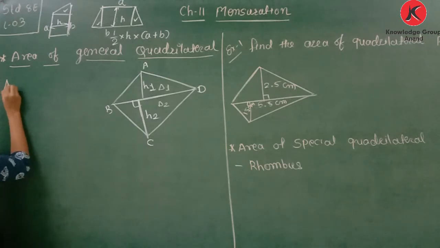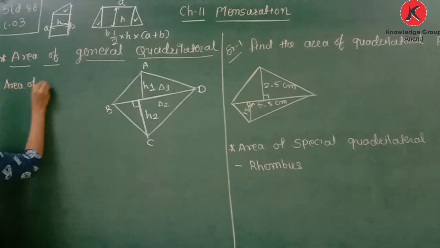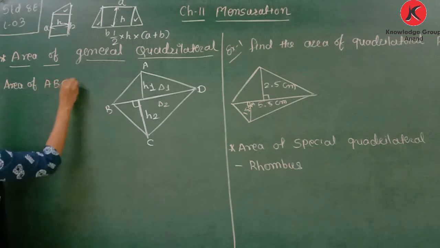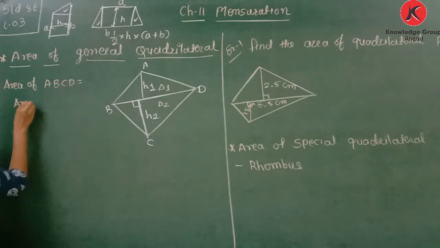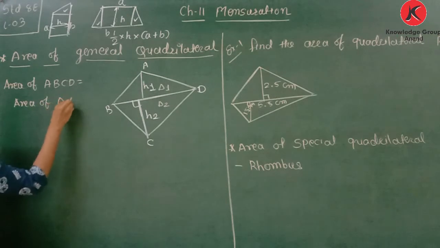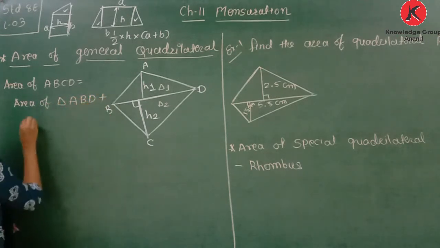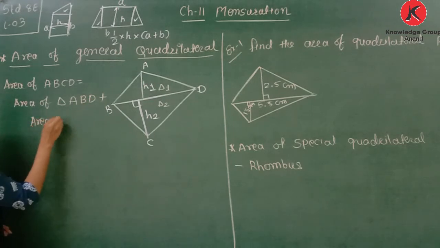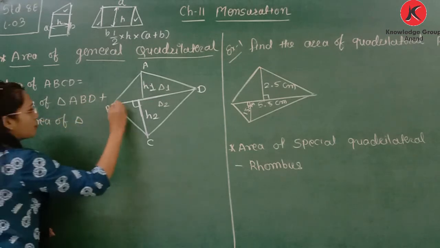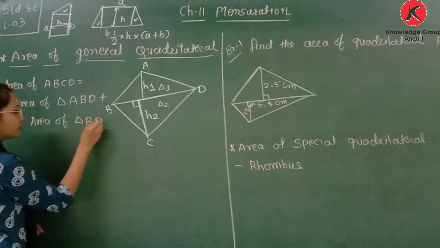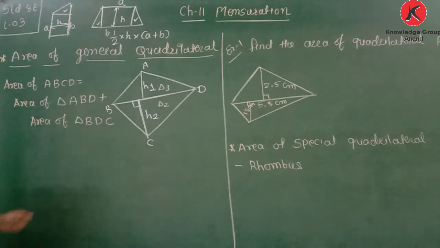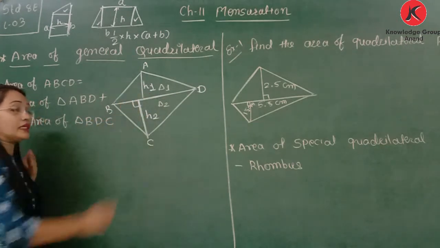So area of ABCD will be what? Area of triangle ABD plus area of triangle BDC. Now, what is the area of a triangle if height is given?